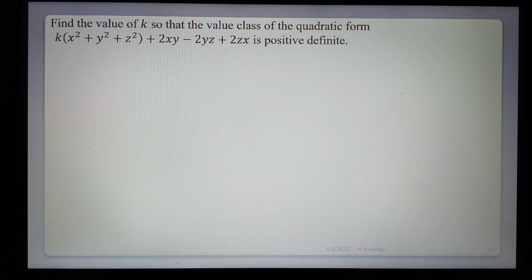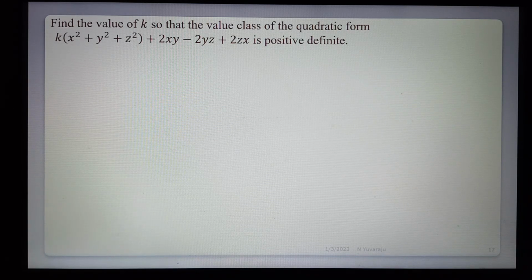Find the value of k so that the value class of the quadratic form k x square plus y square plus z square plus 2xy minus 2yz plus 2zx is positive definite. It is already given in the question that the quadratic form must be positive definite.